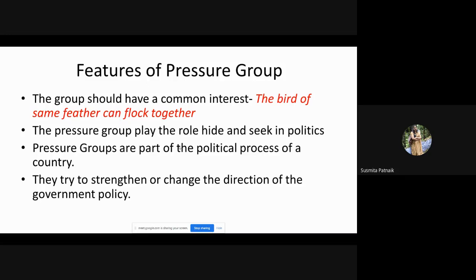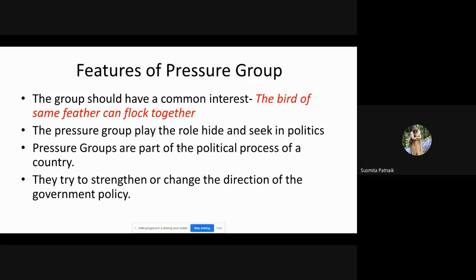Although we have political parties, what is the main motto of a political party? Only to win the elections, to capture the seats, and to run the government for more or less 5 years. But in the case of pressure groups, their main motive is not to capture power or seats, or to run the government.